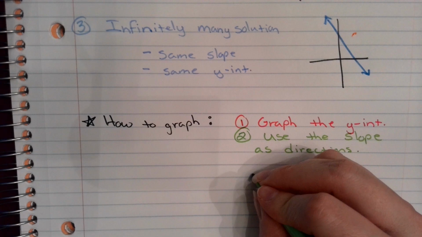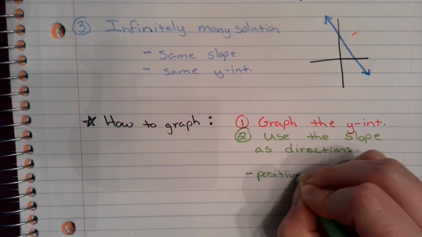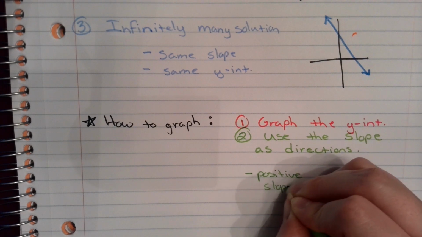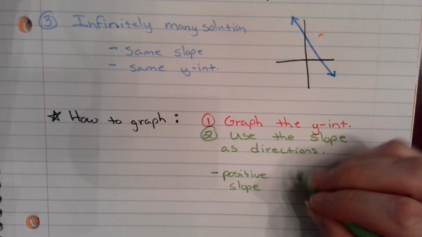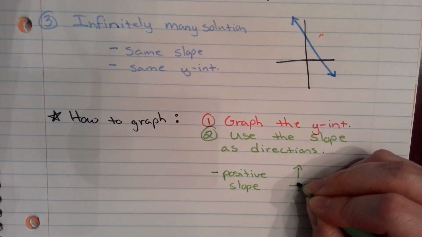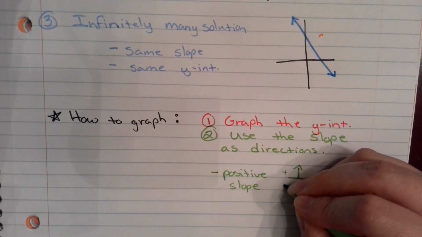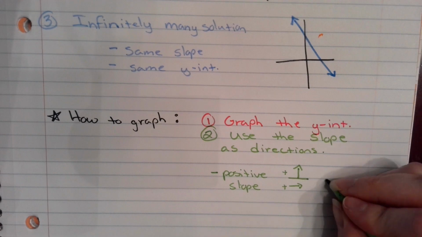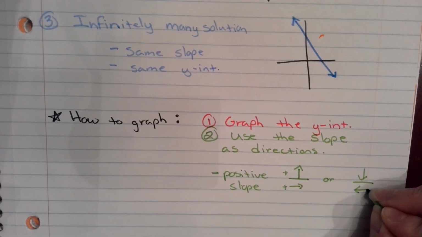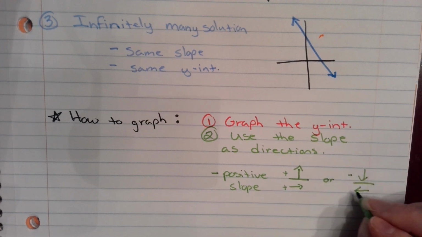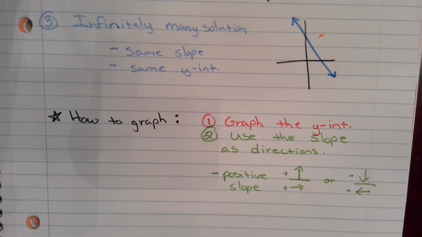Remember, if your slope happens to be a positive slope, you have two ways that you can move. You can go up and to the right, a positive over a positive. Or you can go down and then go to the left, because that's a negative over a negative, and remember, a negative over a negative is still a positive.